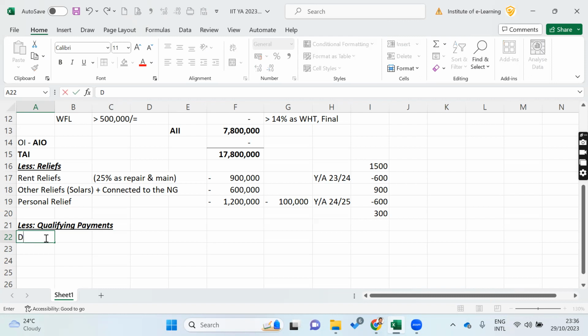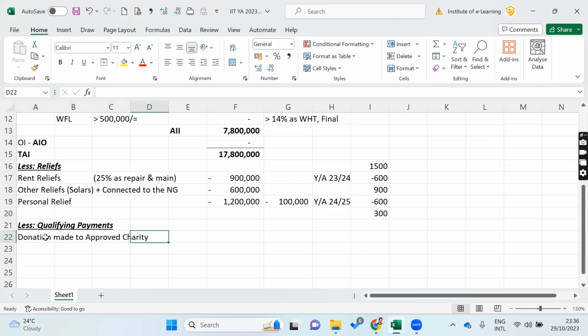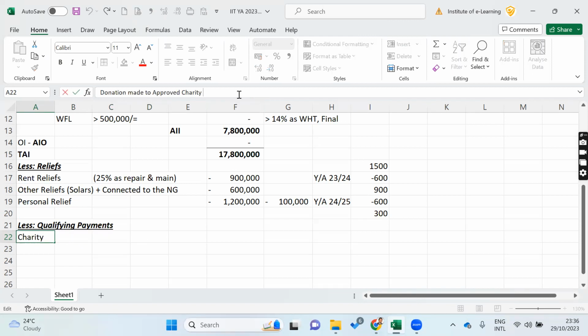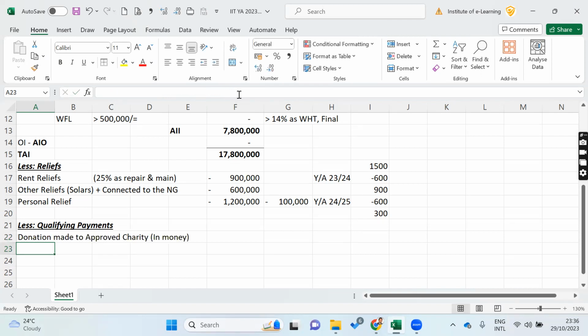If you made a donation to an approved charity, right? If you donated to an approved charity in money, very important, it should be in money form. Only if you gave in money can you claim.